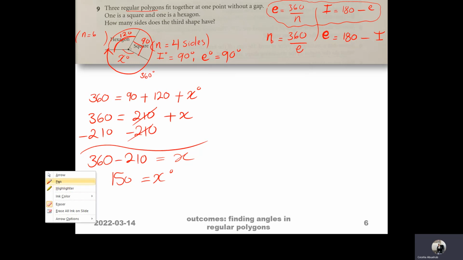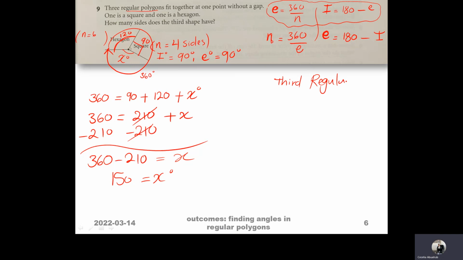Okay, so for the third regular unknown polygon, we found the interior angle as 150 degrees.